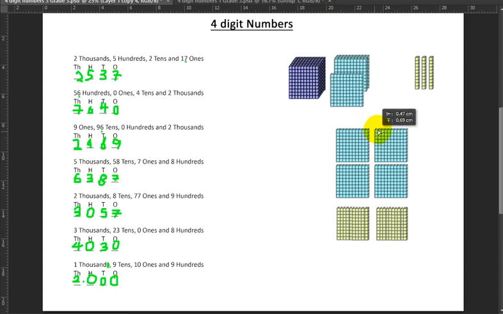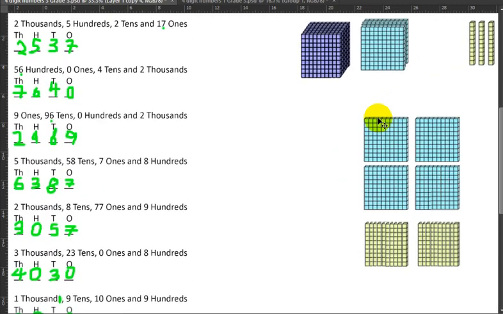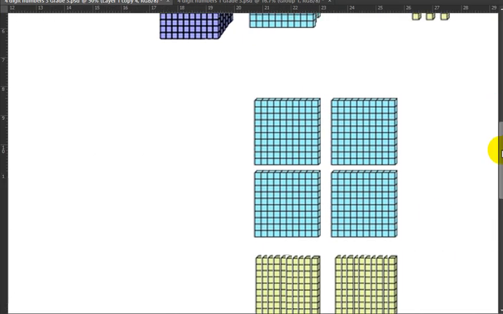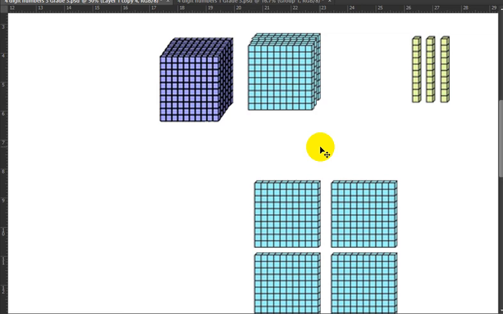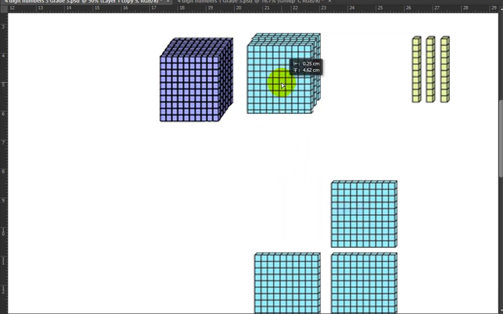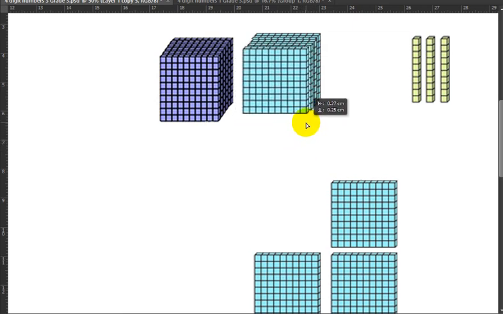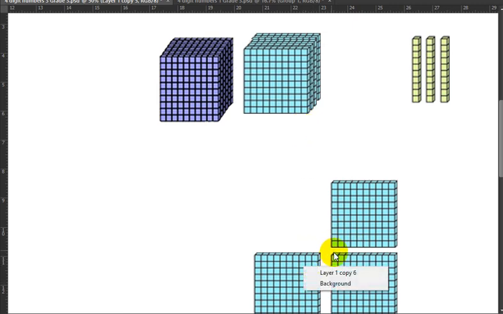Okay, there we go. Actually need to get a little closer to see these. I'm going to put this in front of the others. And then the same with this.